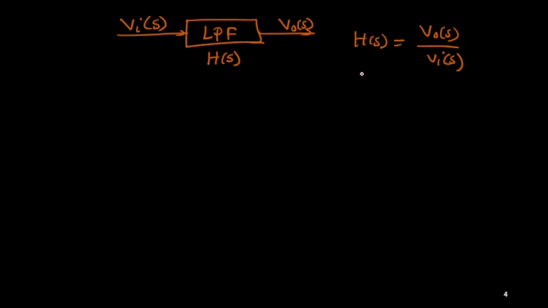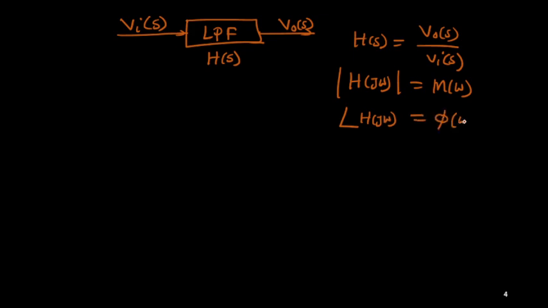So this is H of j omega, where we replace s by j omega. Its magnitude we'll call M of omega, and the angle of H of j omega, that is the phase, we'll call phi of omega.